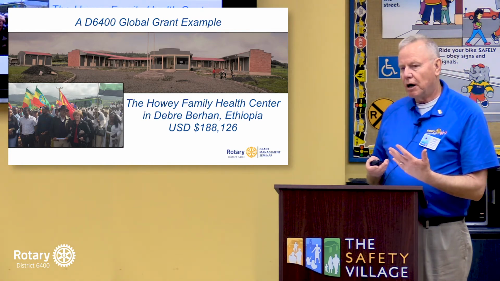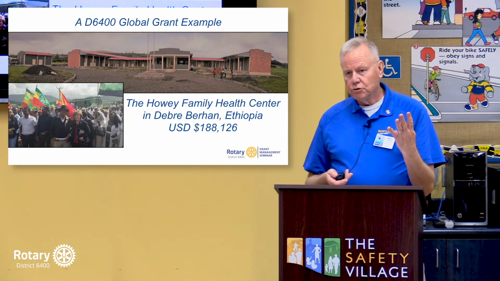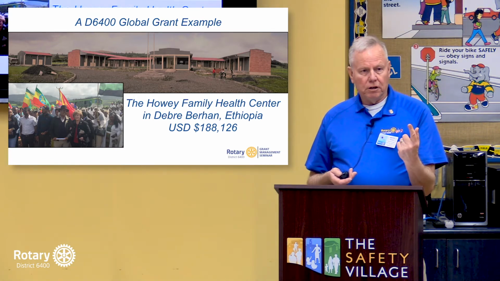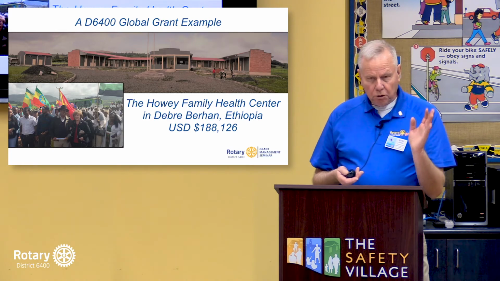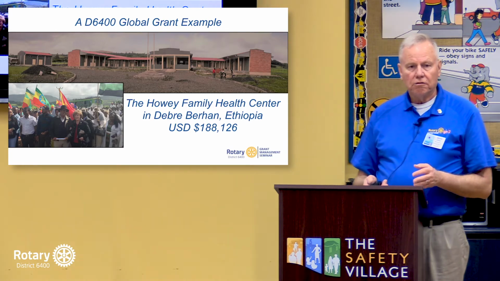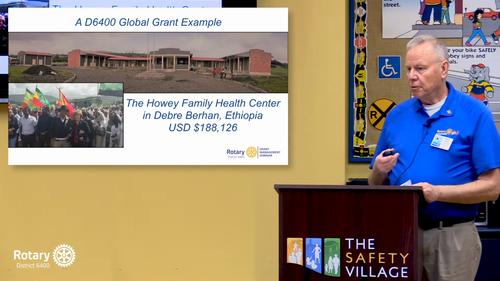It was funded by 3 districts, including ours, 4 clubs, an endowment fund, and a contribution from an individual that wanted to help out, plus $70,000 from the Rotary Foundation in matching funds.